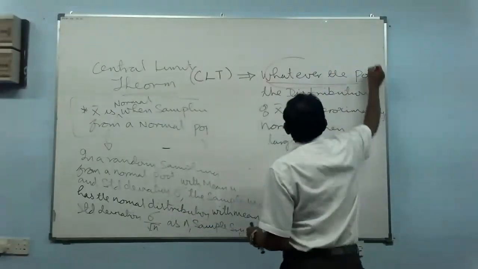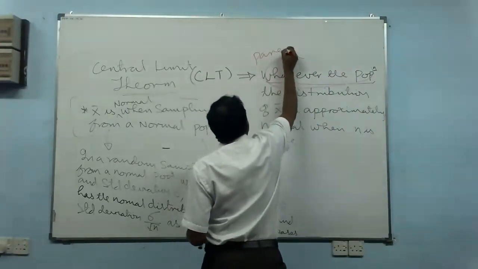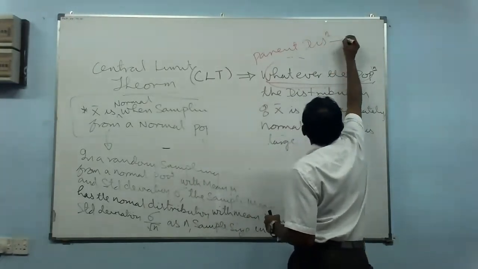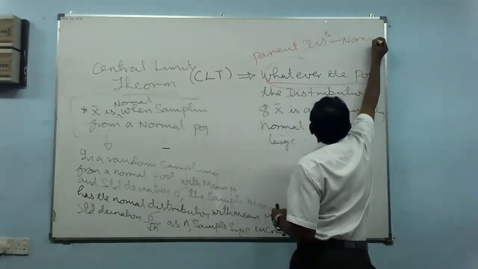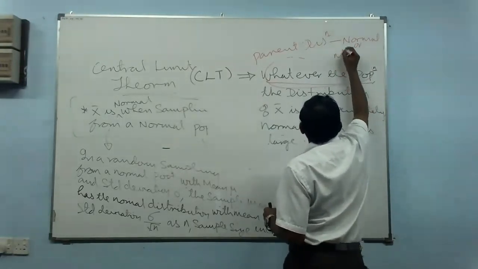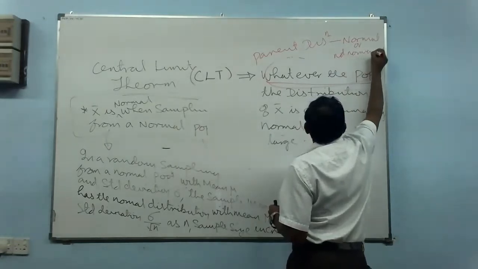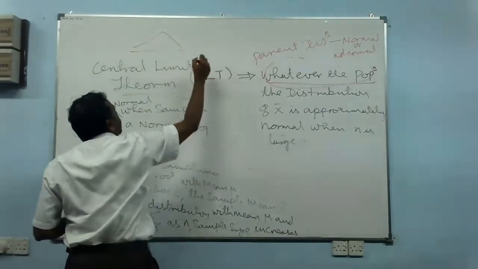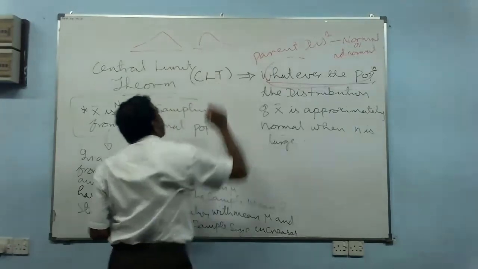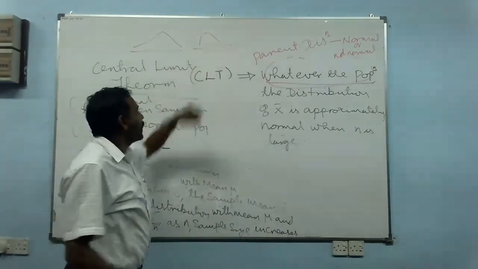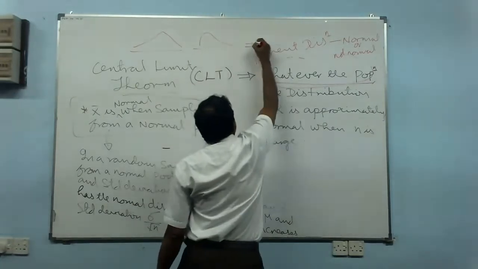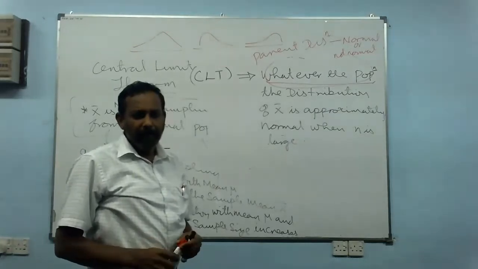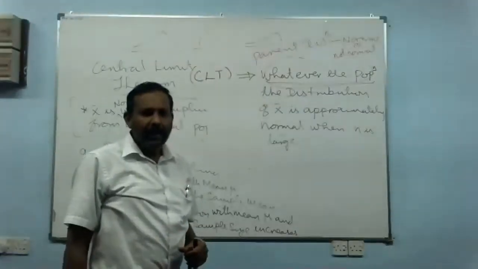So whatever the population means the parent distribution may be normal or not normal. Can you remember this is a normal distribution? Can you remember the not normal distributions? This is one example, and there is another example.